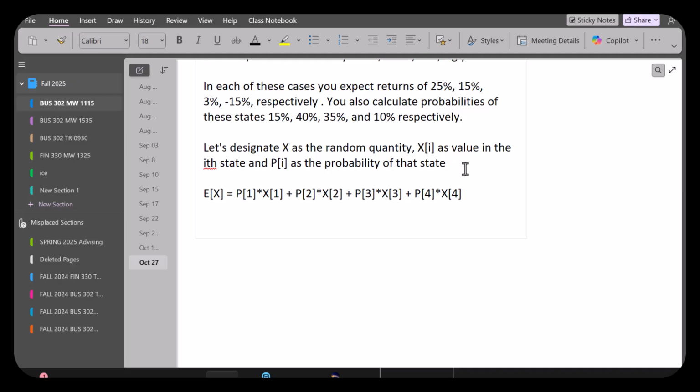Of course, if we have 10 different states, we would do this for all of them.